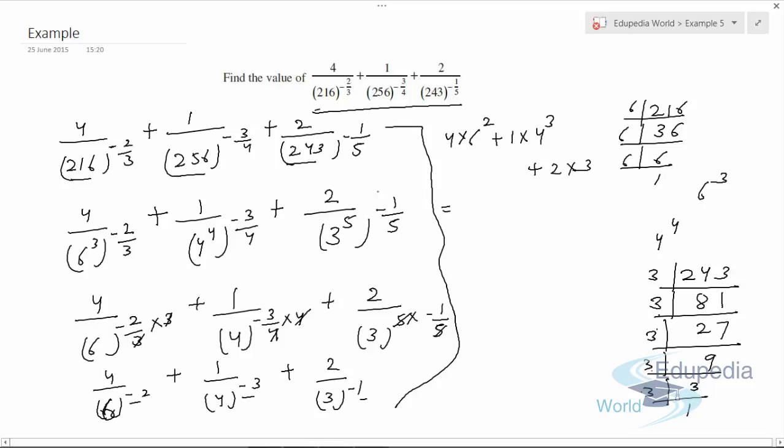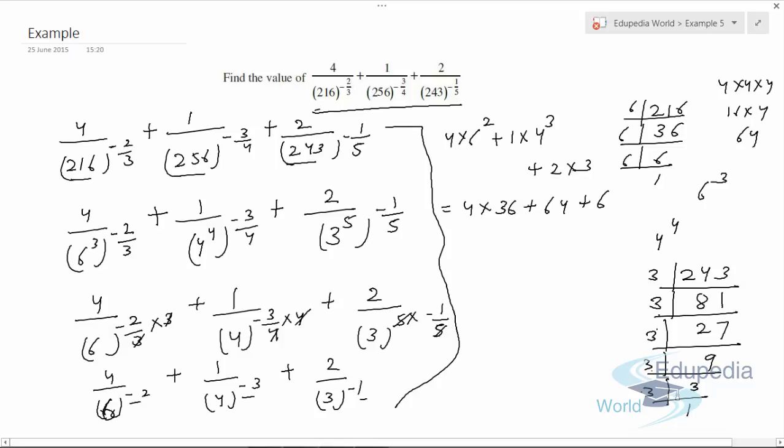So this can further be written as 4 into 36 plus 4 cube, which can be written as 4 into 4 into 4. So it is 16 into 4, which is 64. It will be plus 64. Then 2 into 3 is 6.